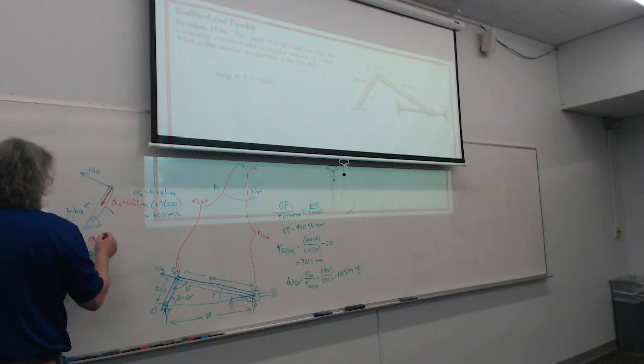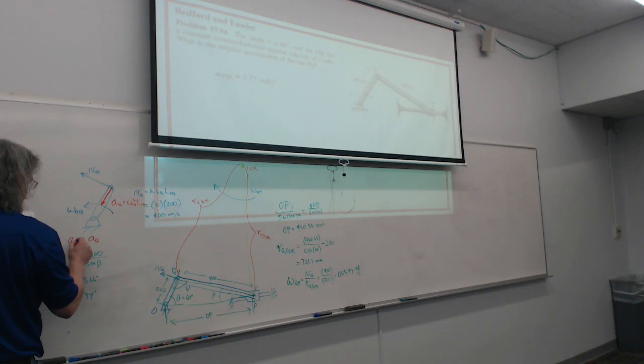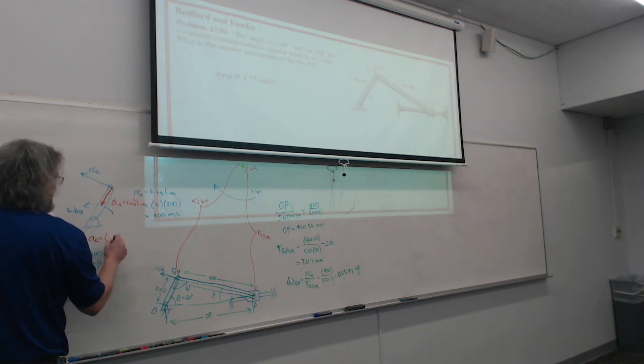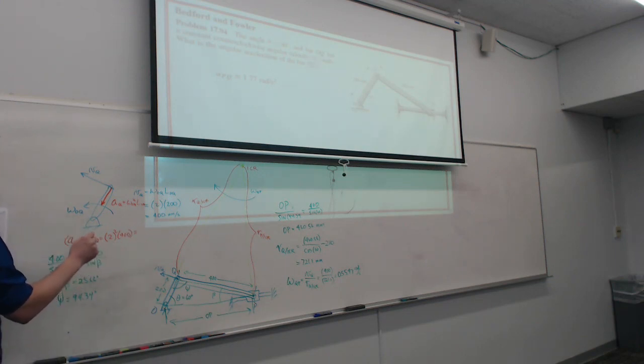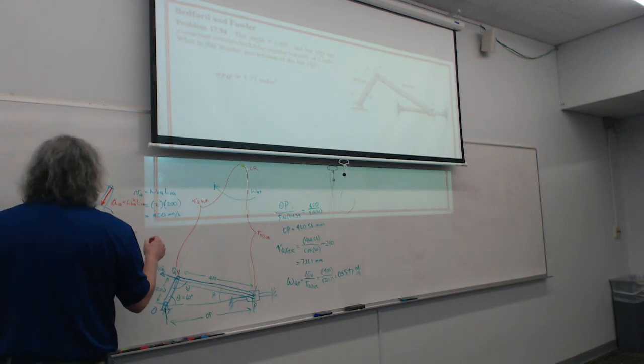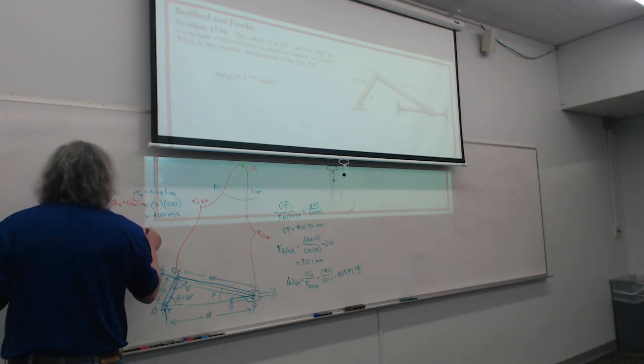And we know that that's actually Q with respect to O in the normal direction. We have 2 squared times 400. So, is that going to be 1,600? No, it's going to be 8, no, right? Oh, times 200, that's what happened. I'm losing it. 800 millimeters per second squared.